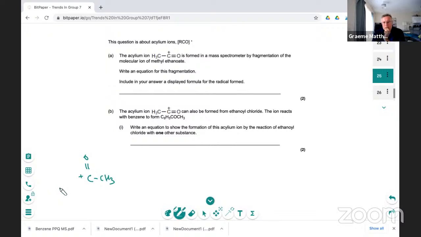Write an equation for this fragmentation and include in your answer a displayed formula for the radical formed. So here we are then. I'm going to move this up here. This is our target molecule like this. Now, the reason why I put this one in is because, hold on, methyl ethanoate.